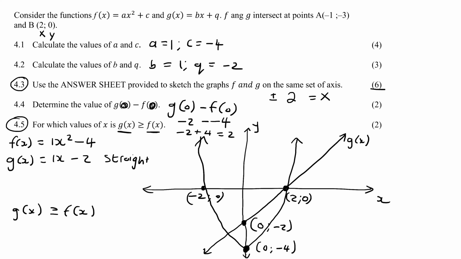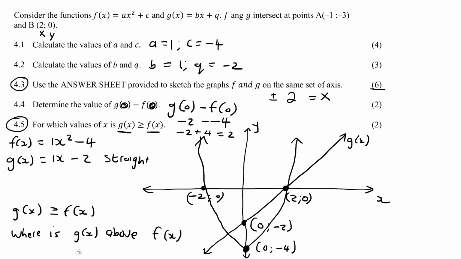What that means in everyday language is, where is g above f? So where is the graph of g above the graph of f? That would only be in this portion over here.